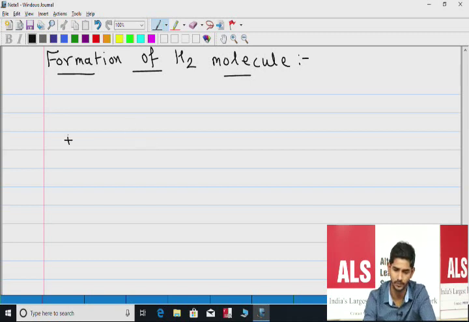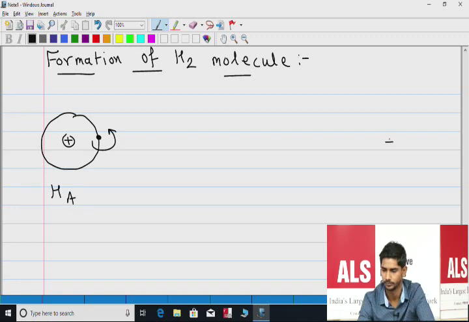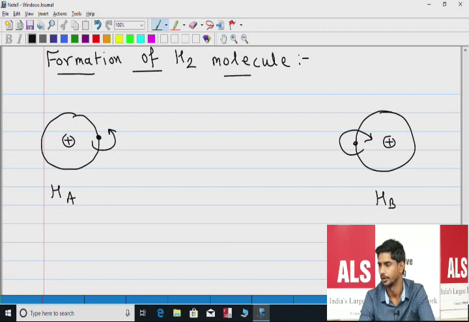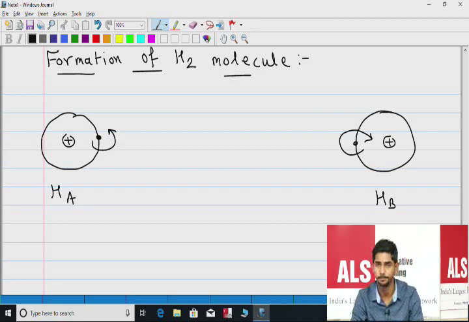Guys, consider this one. This is your HA atom. This is your HB. Okay. Initially, guys, these atoms are present at the infinite distance.